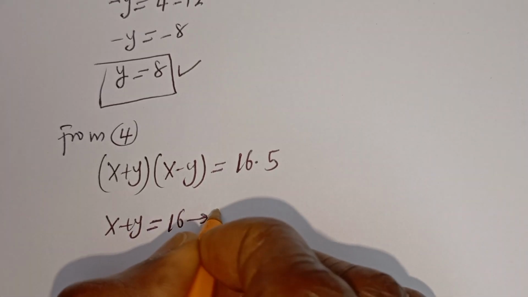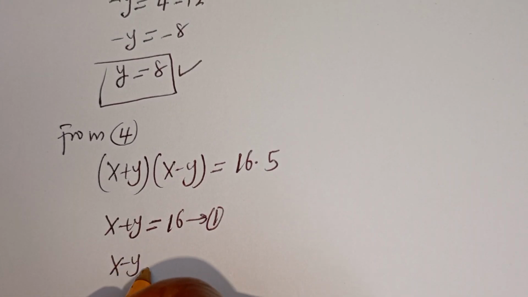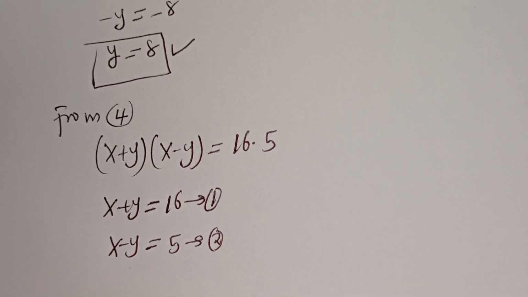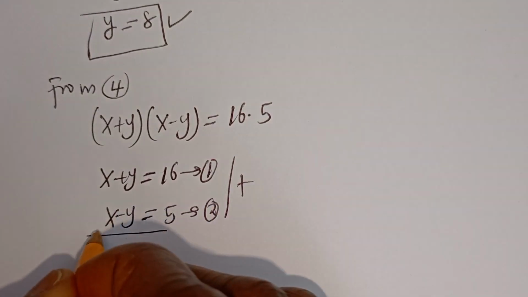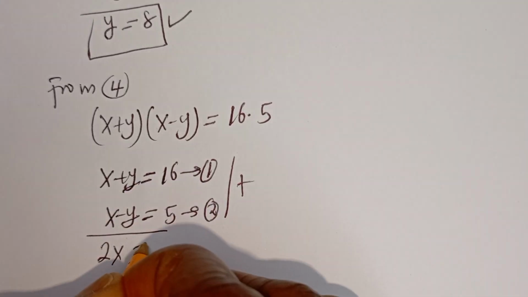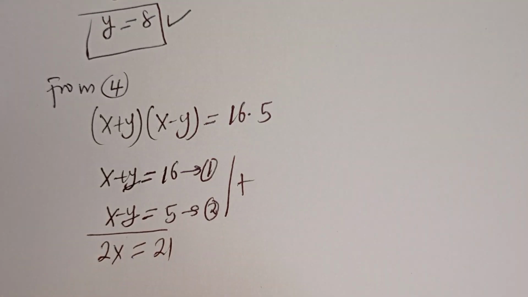This is equation 1. s minus y is equal to 5. This is equation 2. Let's add the two equations together using the elimination method. s plus s, this is 2s, this will cancel this, is equal to 16 plus 5, that is 21.